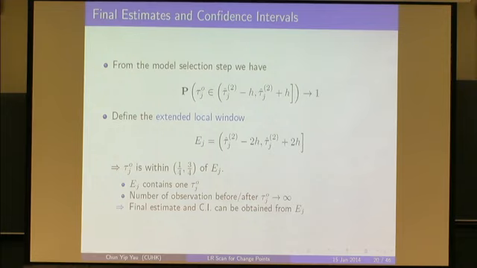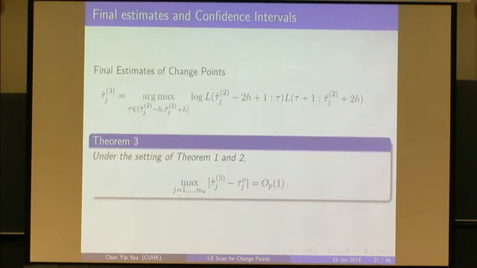The number of observations before and after tau will go to infinity, and this extended local window only contains one true value. So we can do the estimation again on this extended local window.